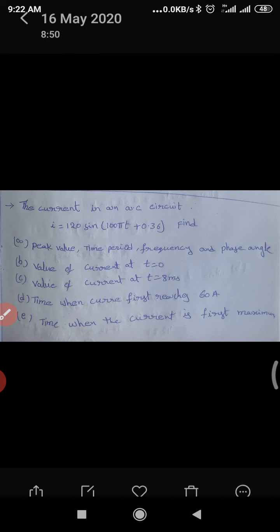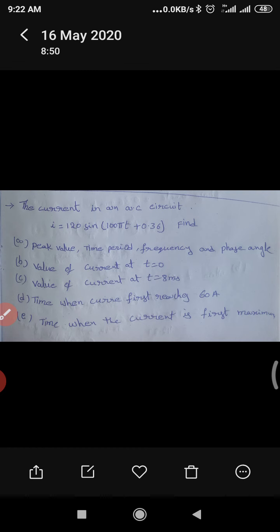And (b) is the value of current at t is equal to 0. (c) is the value of current at t is equal to 8 milliseconds. Next, (d), the time when current first reaches 60 amperes, and (e) is the time when the current is first maximum.